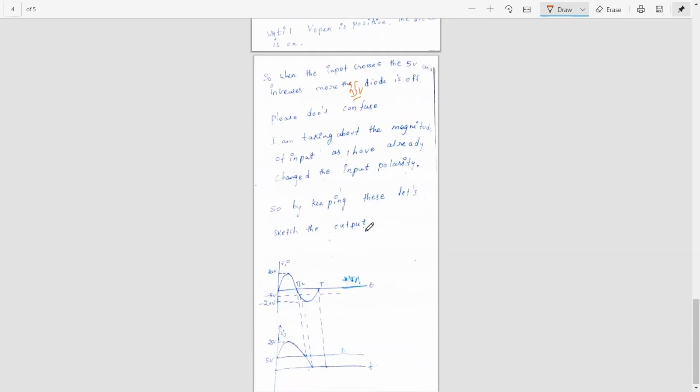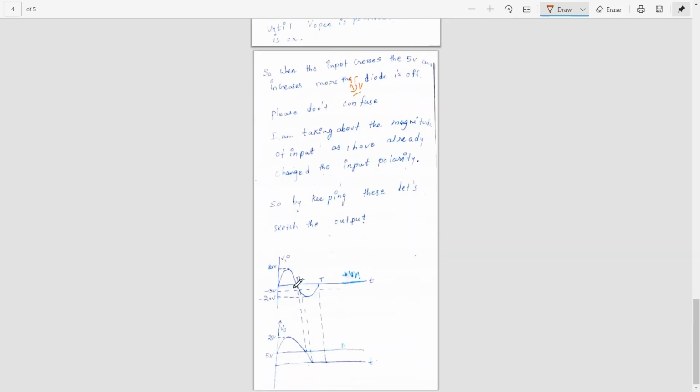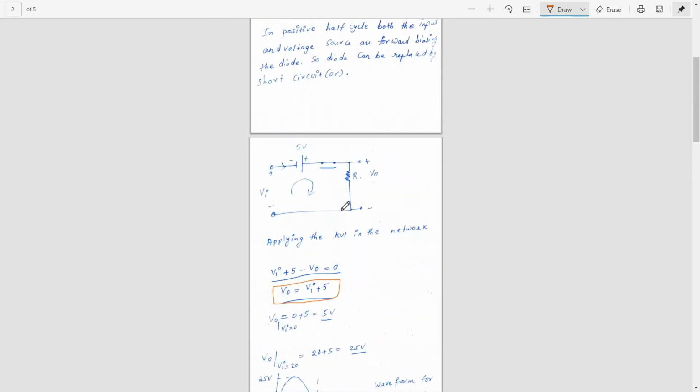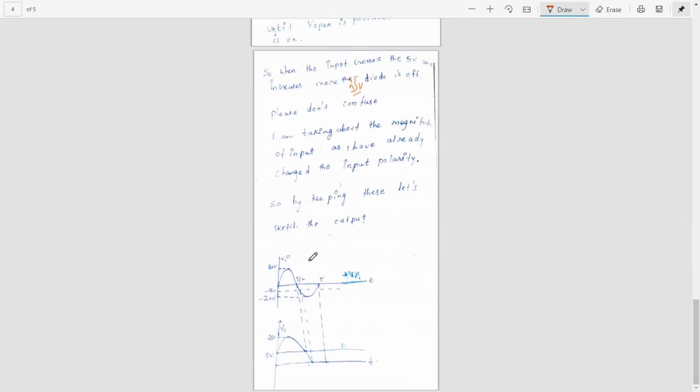So according to that equation, here the input is say -1, -2, -3. You will be substituting those values in this equation, until the input becomes minus 5 volt, or you can say magnitude-wise 5 volt.